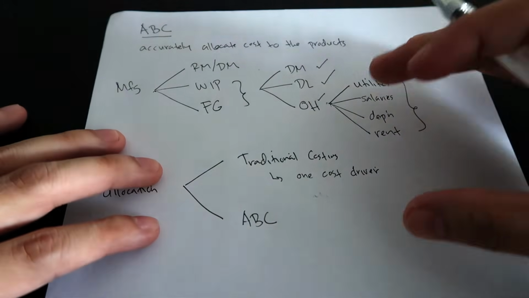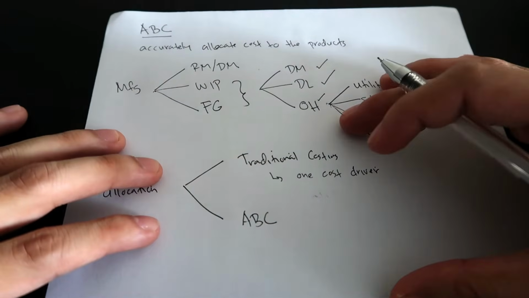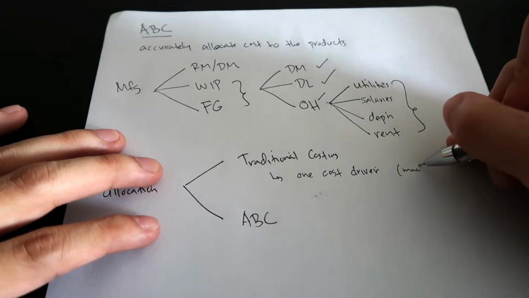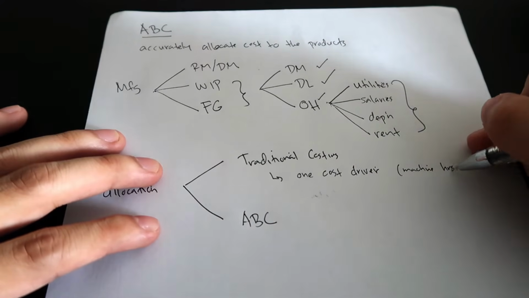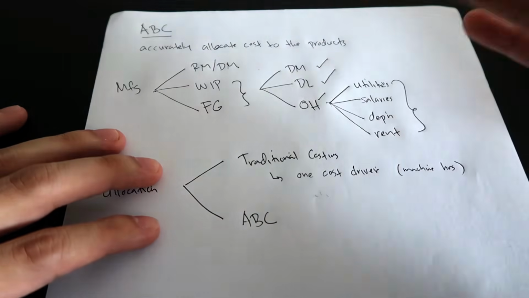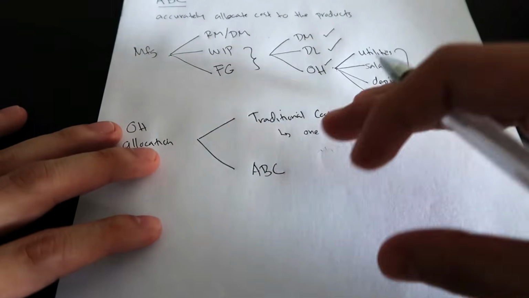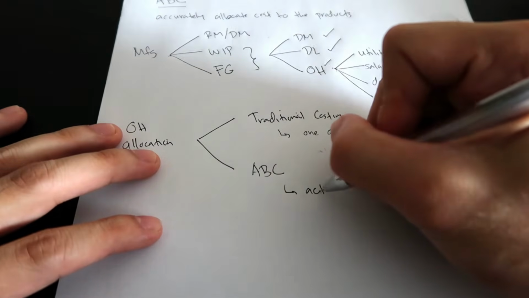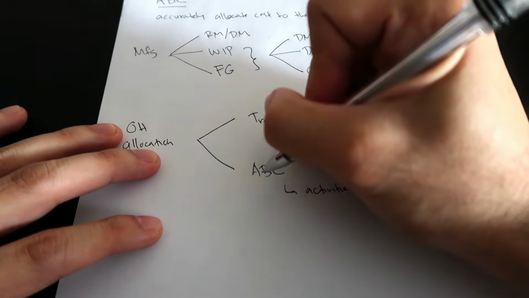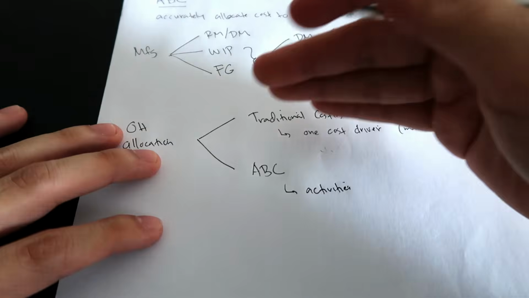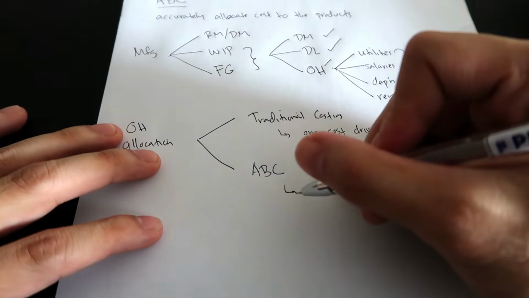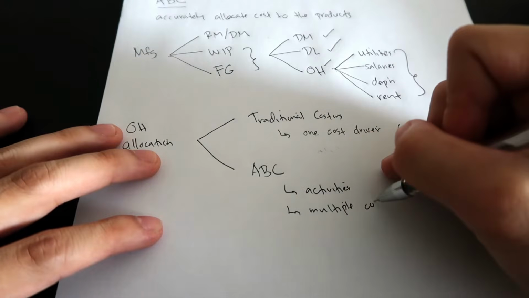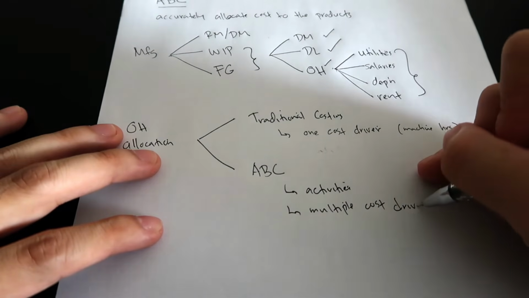Cost driver is anything that drives or affects the cost of the product. Usually, ang examples niyan, machine hours, direct labor hours, and so on. Later, illustrate natin siya. While activity-based costing, you first identify activities. That's why yun yung tawag sa kanya, activity-based. You identify activities and then you use multiple cost drivers.